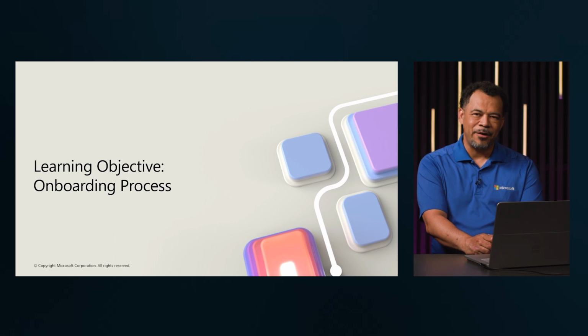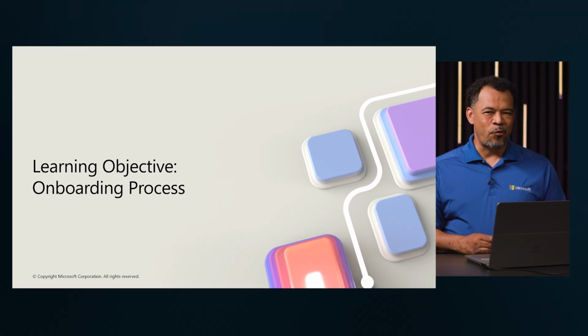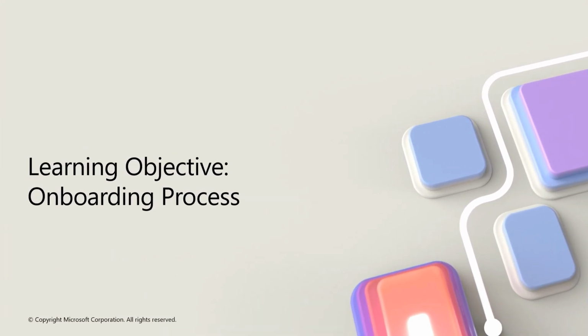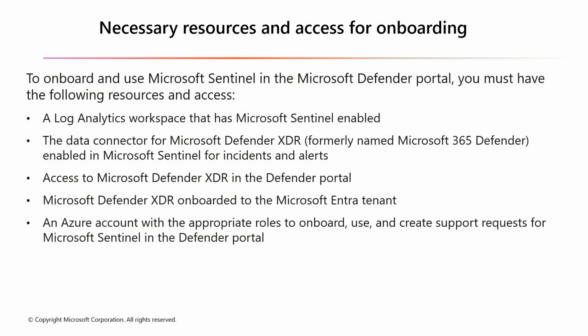All right, so now it's time for our next module. Let's start with the onboarding process. To get started with Microsoft Sentinel in the Defender portal, there are a few key setup steps. You'll need a Log Analytics workspace with Sentinel enabled and the Microsoft Defender XDR connector turned on to bring in incidents and alerts.